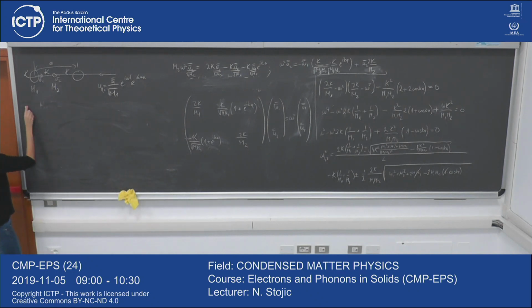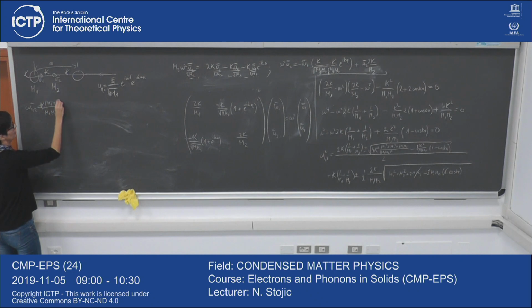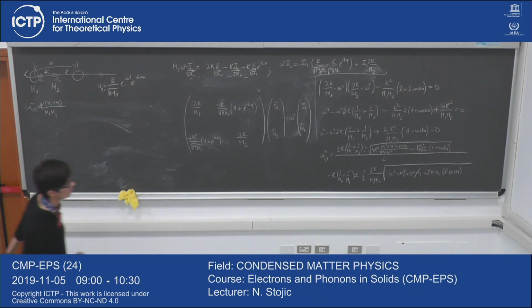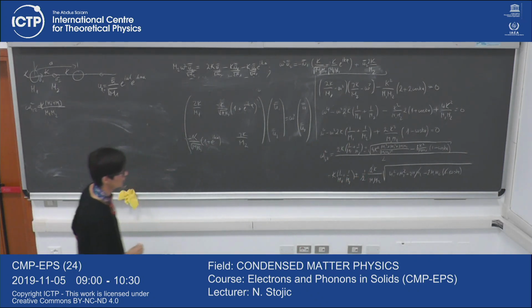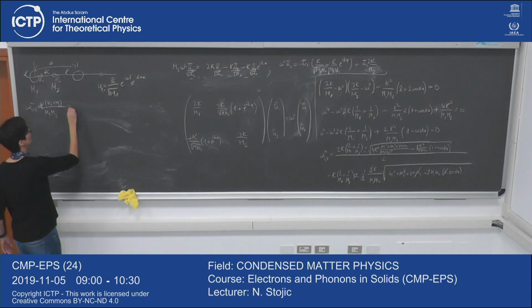So omega 1, 2 is equal. I can write this also with m1 and 2, k m1 plus m2. 2 and 2 cancel. Plus minus K on M1, M2.